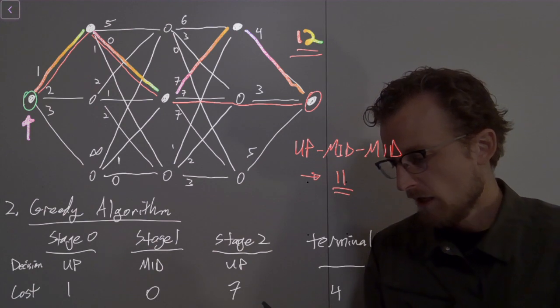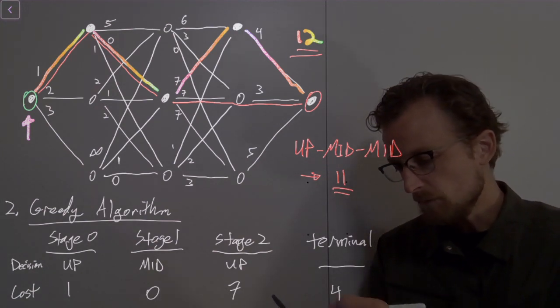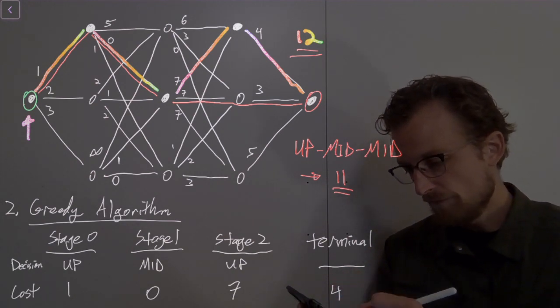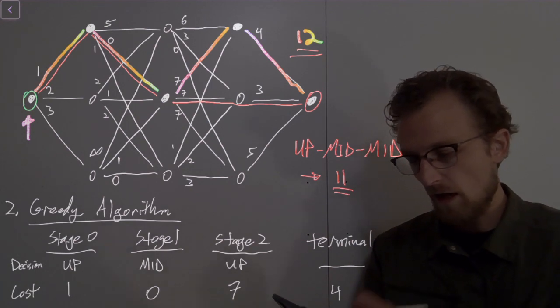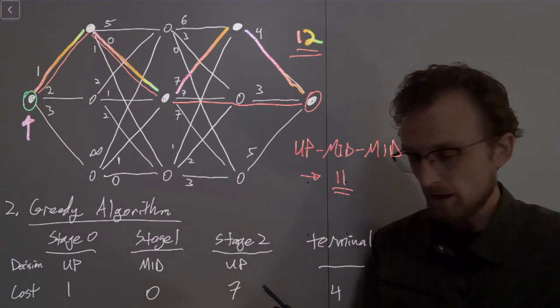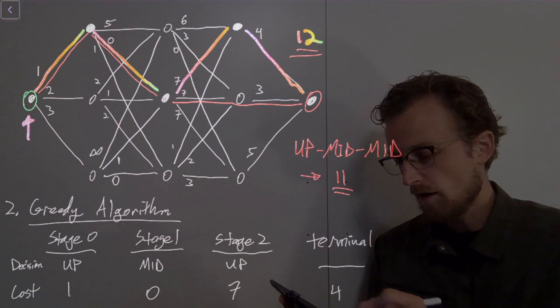So, for example, see if we'd gone up and then middle, and then middle, that would have given us a significantly better cost, right? Of 2. Well, that's 12.